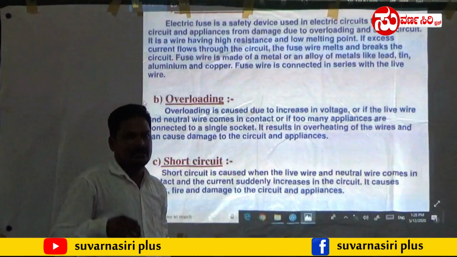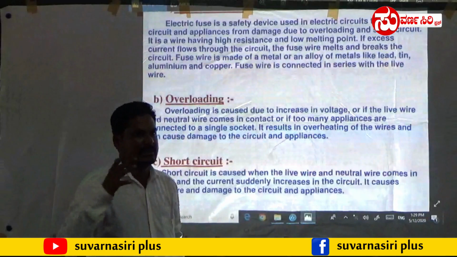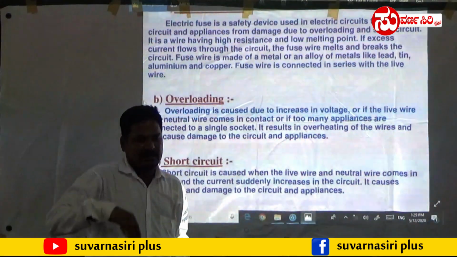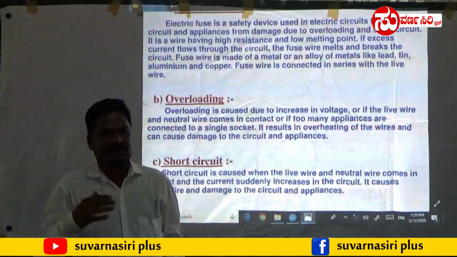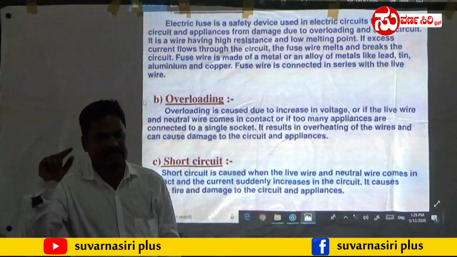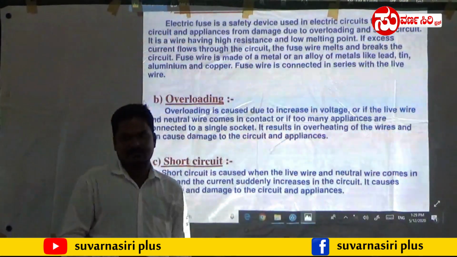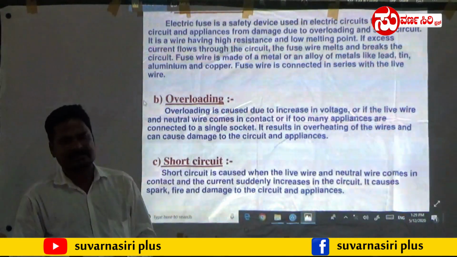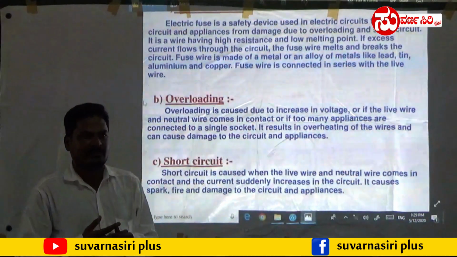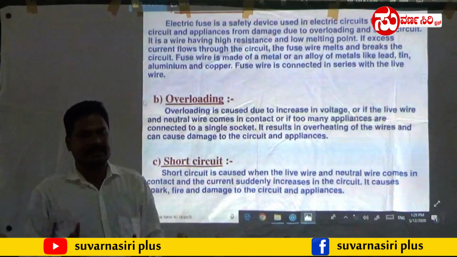Sometimes a larger amount of current is introduced into the electric circuit. When the current flows in the circuit, first it goes to the fuse. The fuse contains a wire, so when an excess amount of current passes, for example, with a 5 ampere fuse, if 6 ampere current comes, the wire melts.